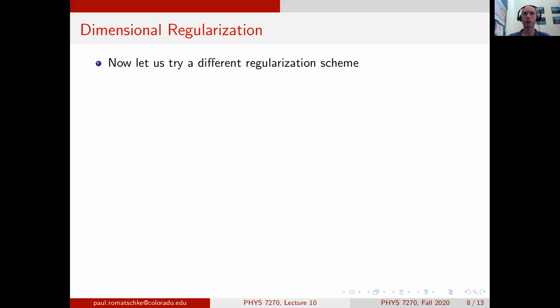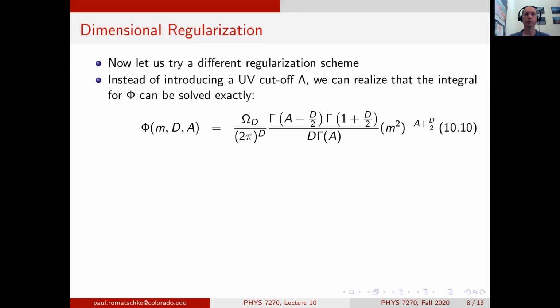However, that's not the only possible way to regulate a divergence. In the following, we will be talking about a different regularization scheme, which is called dimensional regularization. So instead of introducing an ultraviolet cutoff lambda, we find that the integral that is written down for the function phi can actually be solved exactly for arbitrary value of d and arbitrary value of a.